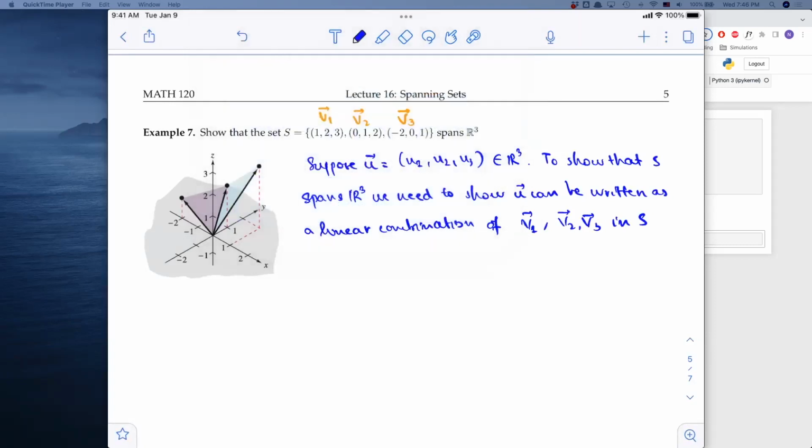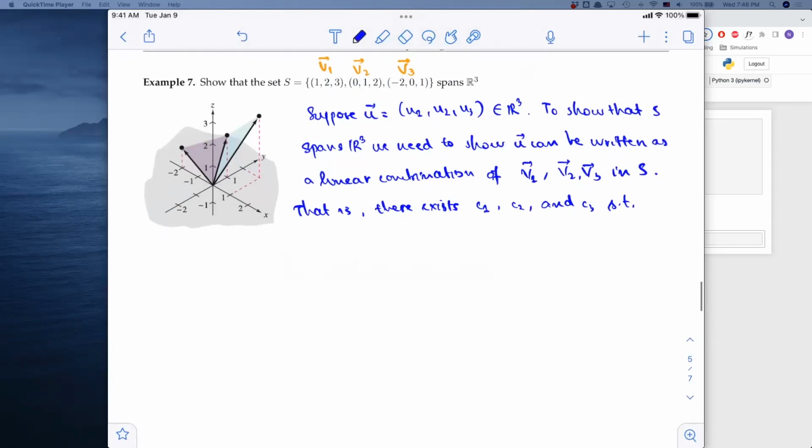All right. So that is, there exists some constants C1, C2, and C3 such that, so ST again is such that U is equal to C1 times V1 plus C2 times V2 plus C3 times V3.